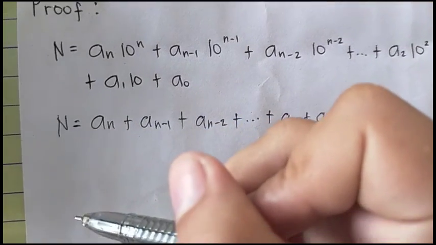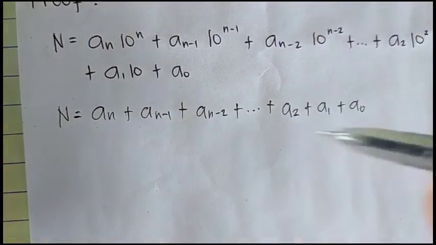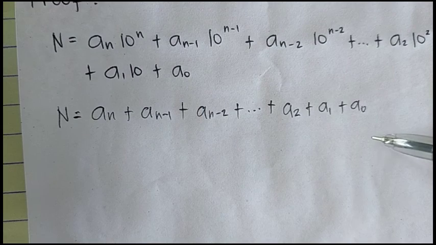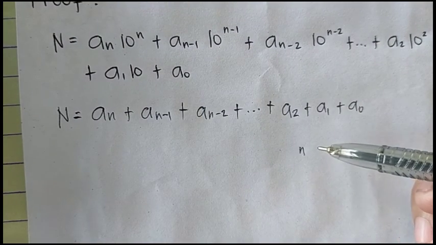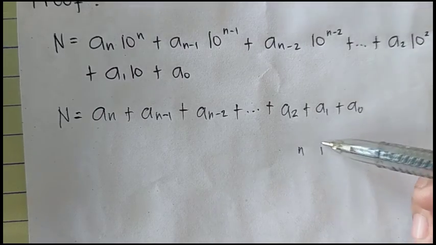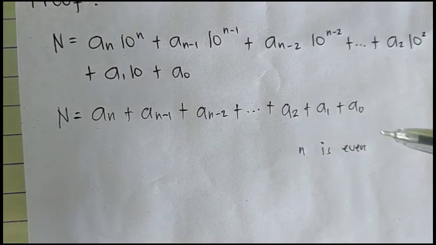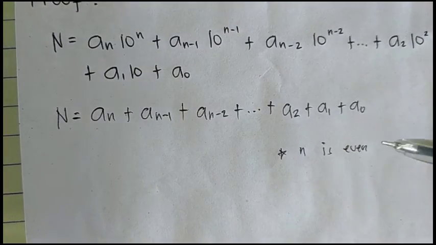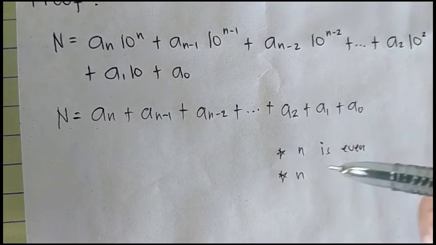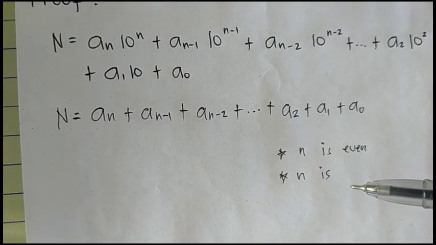For example, here we have n is even, and then n is odd.